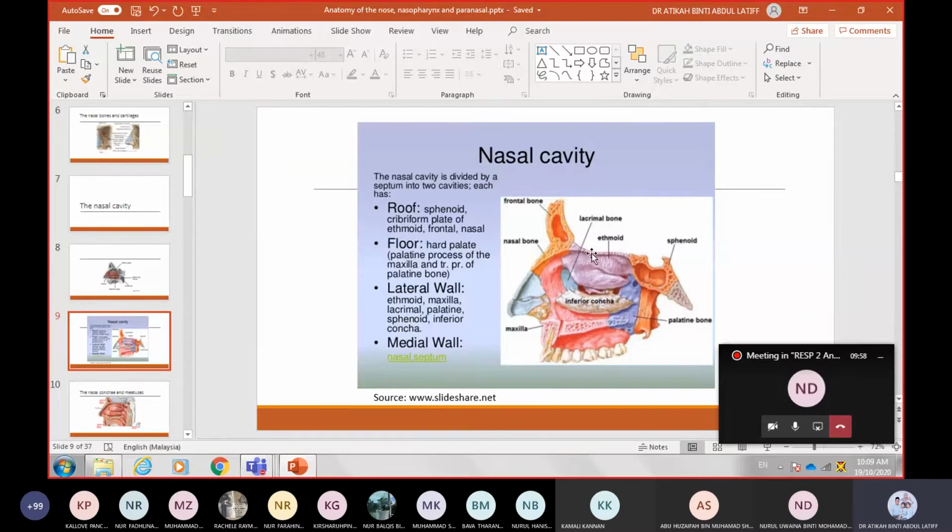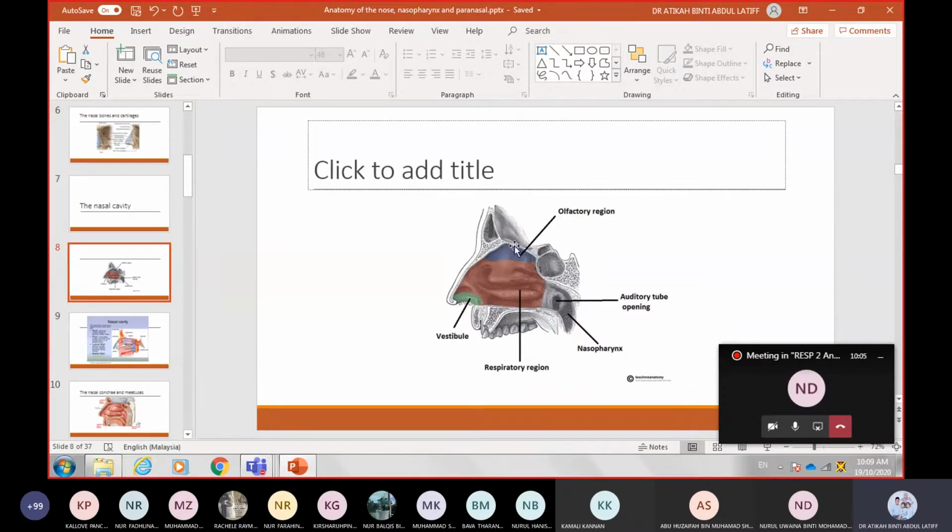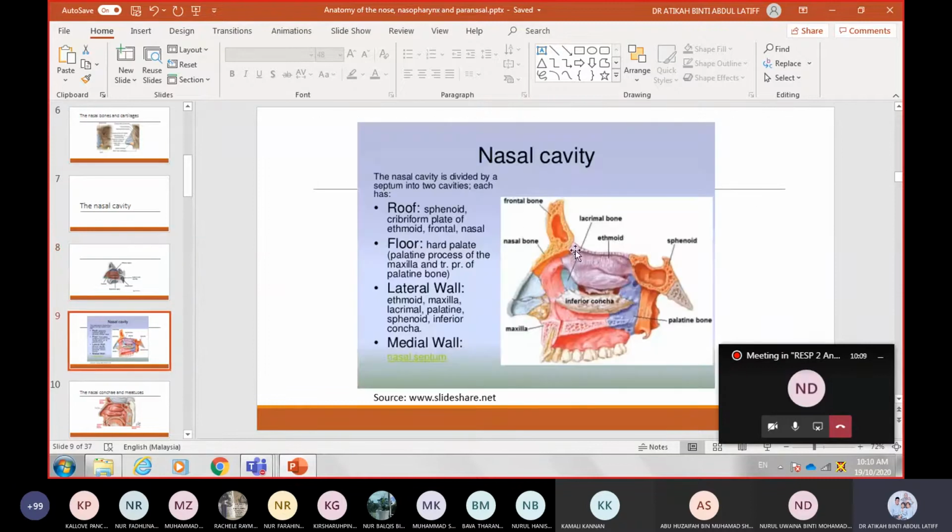Remember what we have in the cribriform plate of the ethmoid? This is where you find your olfactory nerves coming out. Okay, the bulb actually sits on the cribriform plate here of the ethmoid, and the small nerves will come out through the cribriform plate inside the nasal cavity.